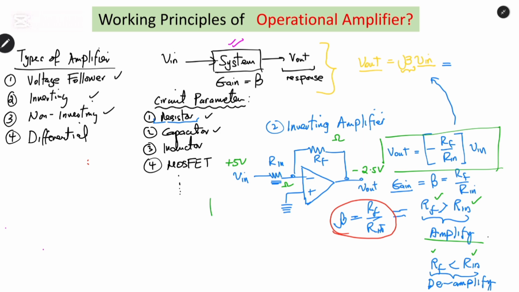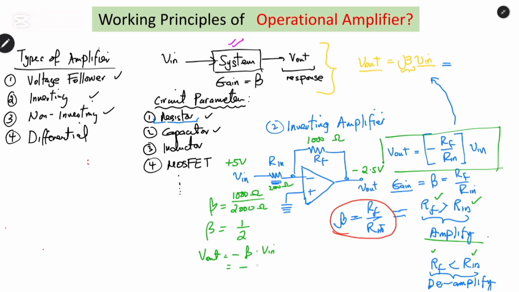So how can we design the gain? Beta now will become, for example, if we give Rf 1000 ohms, what will be the Rin? The Rin will now be 2000 ohms. So we will get beta as half. By substituting into the equation, Vout now will be equal to minus beta times Vin.